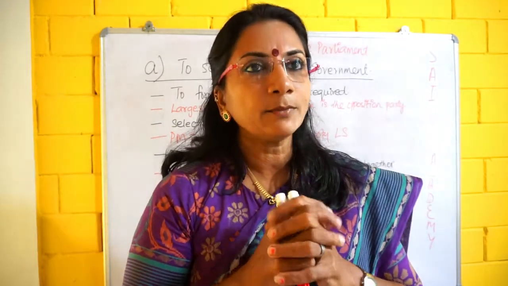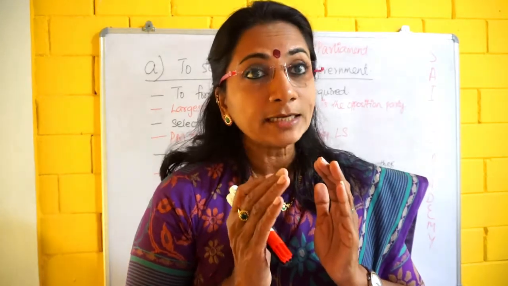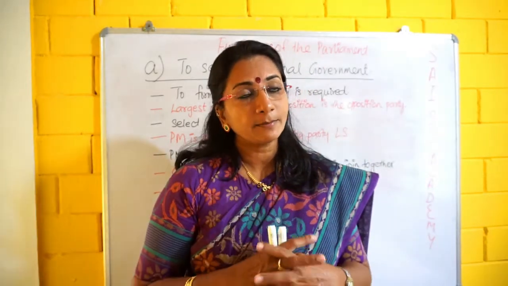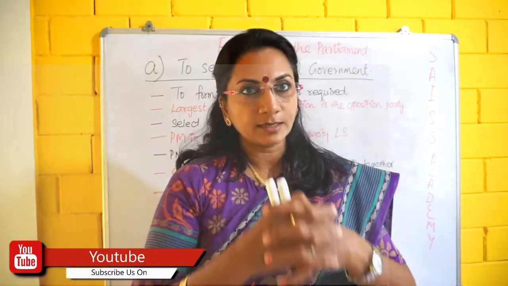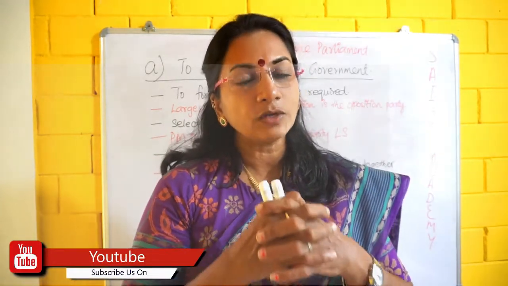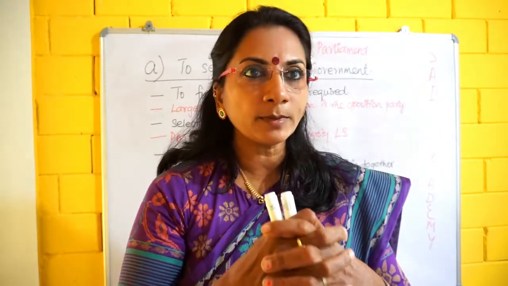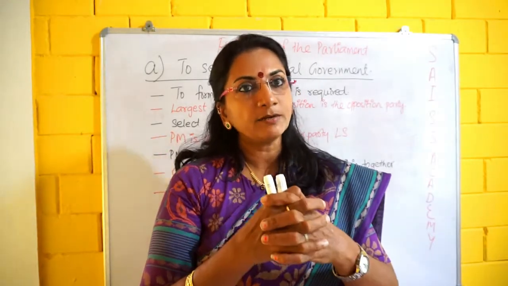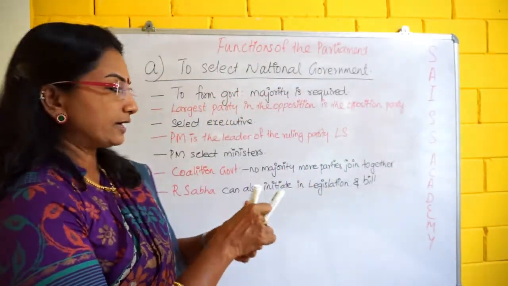When I talk about the selection of the national government, we already discussed how the members of Parliament are elected, isn't it? Now these members would sit across, and we know the strength of the Lok Sabha is 545, in which 2 members are nominated. So the remaining are 543 members. Here is one example.